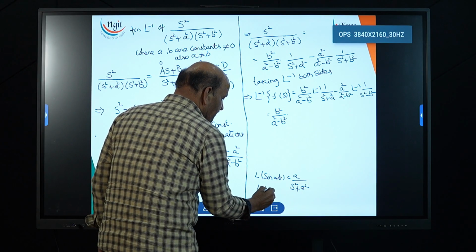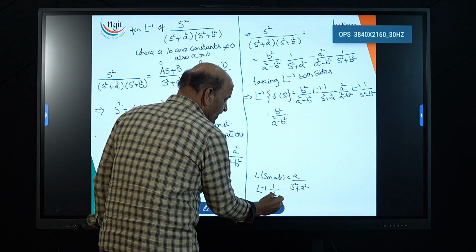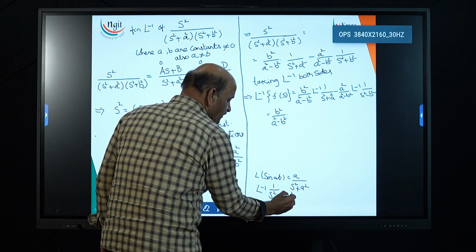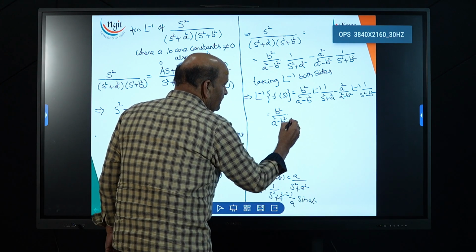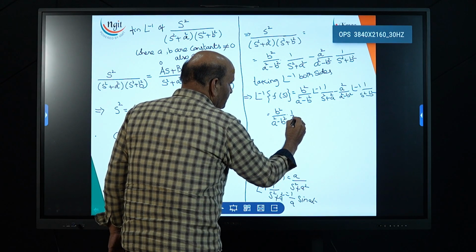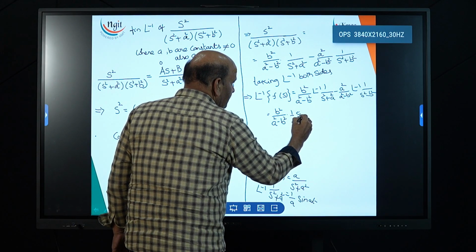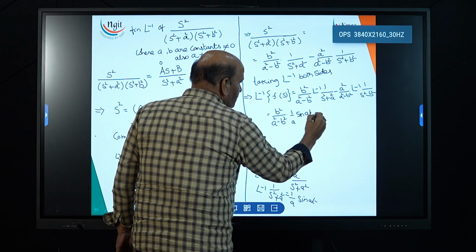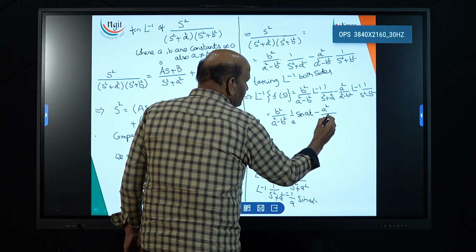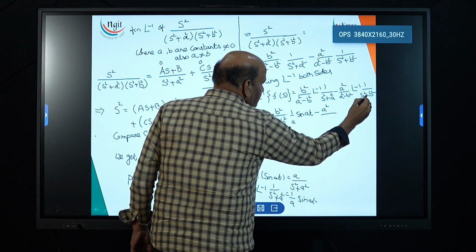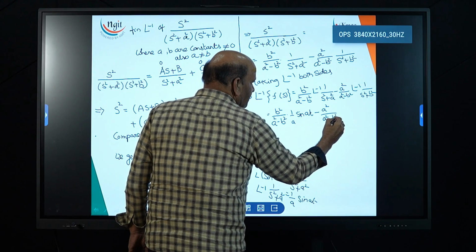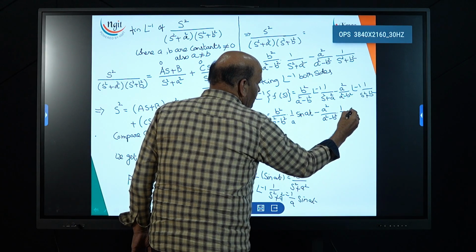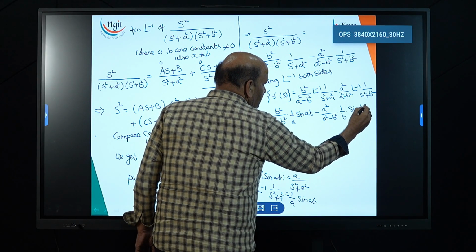Therefore L inverse of 1 by s square plus a square is equal to 1 by a sin at. Apply this: 1 by a into sin at, minus a square by a square minus b square, same, 1 by b into sin bt.